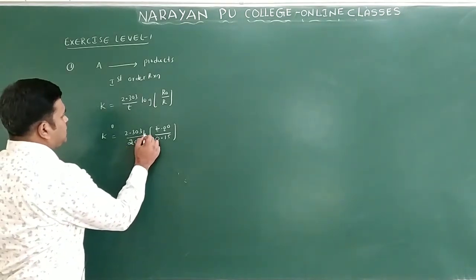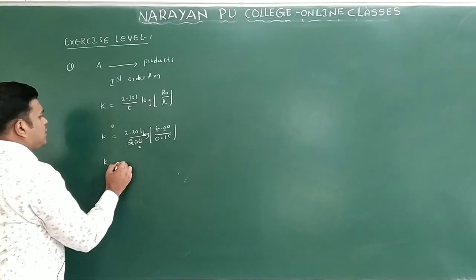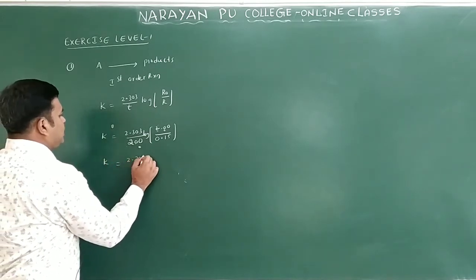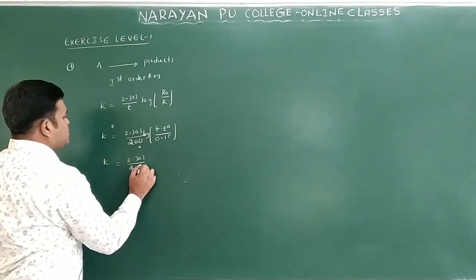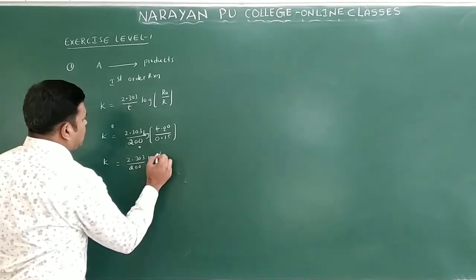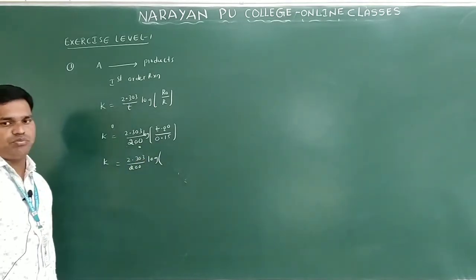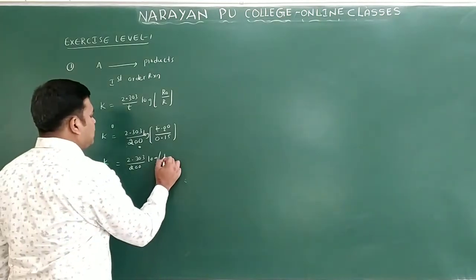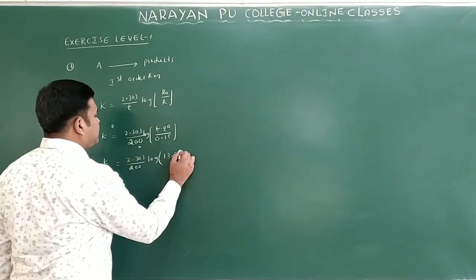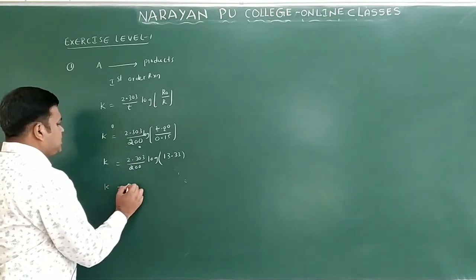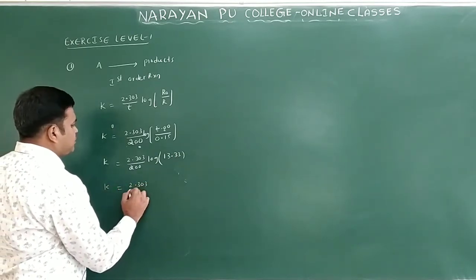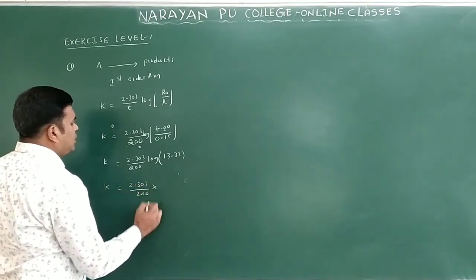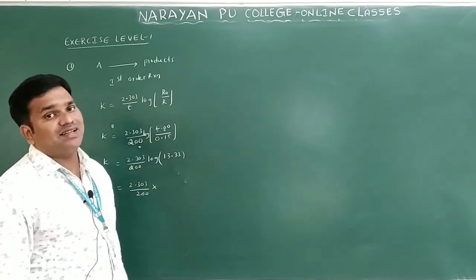So K is equal to 2.303 by 200 into log of 2 by 0.15. So 2 by 0.15 you will get 13.33. Now we will see the log of 13.33: for 13, and the mean difference under 3.